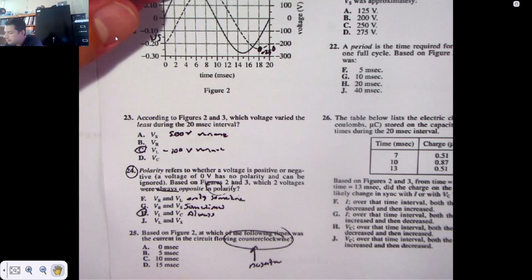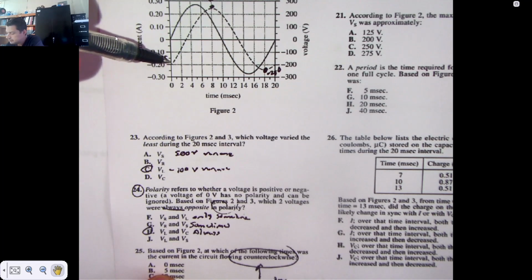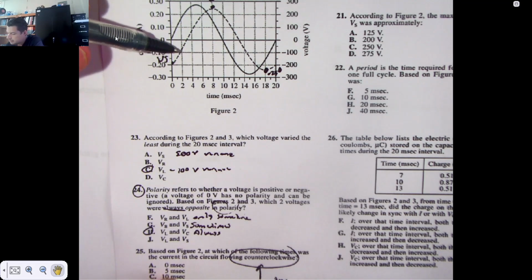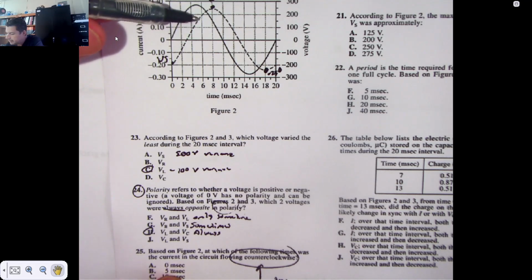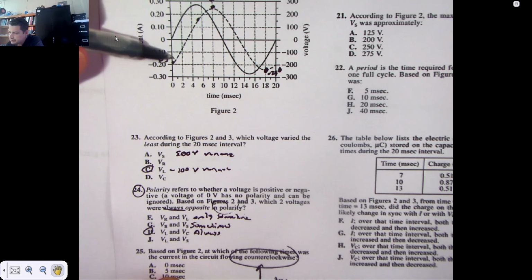And that is going to be V sub S, the dashed. It is negative at 0. At 5, it's not. 0 shouldn't actually be counted.